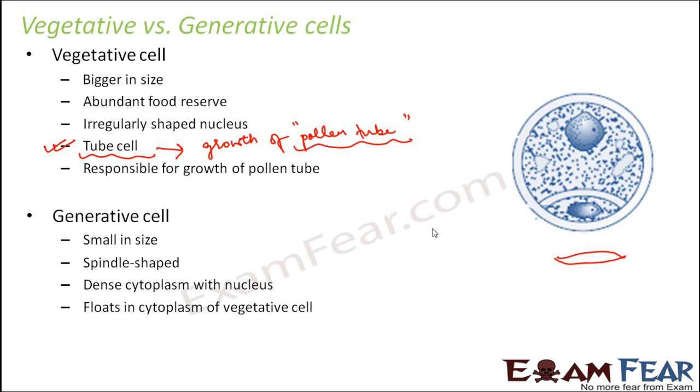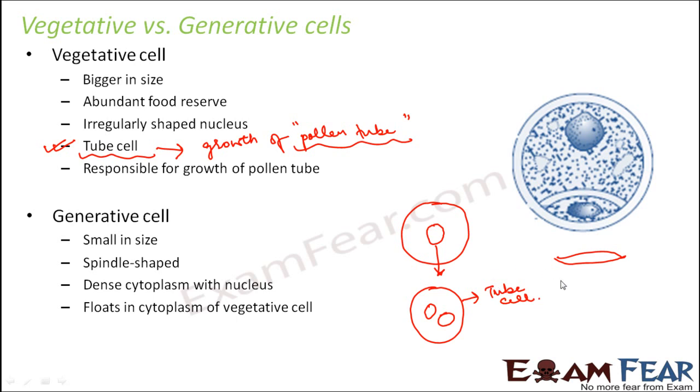And as I discussed in the previous slide, if this is the vegetative cell and this is the generative cell, this generative cell will undergo mitosis, which is also known as the pollen second mitosis, and it will form two cells. So what are these two cells? Now the outer cell is the vegetative cell or the tube cell, which helps in the growth of the pollen tube.